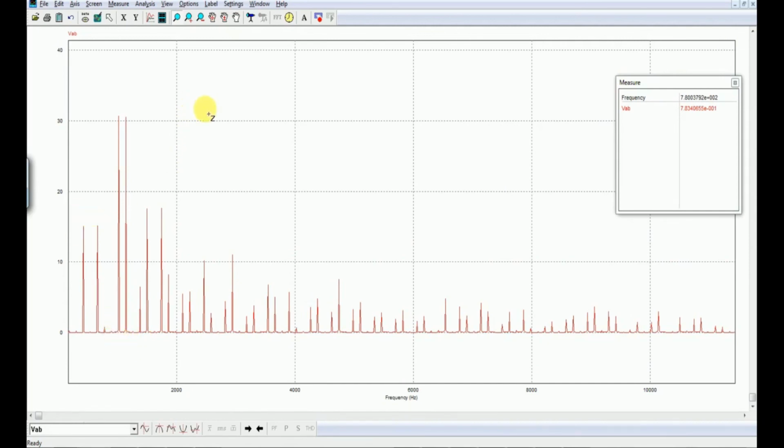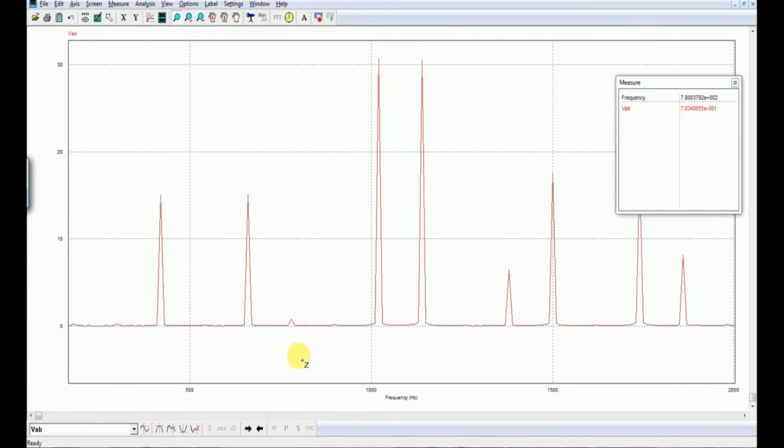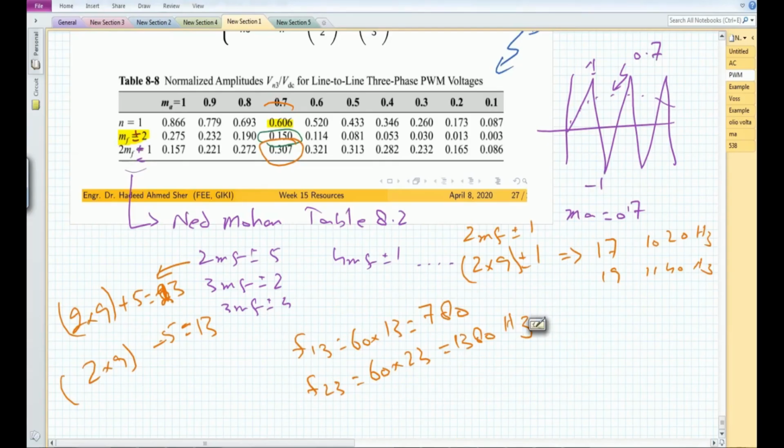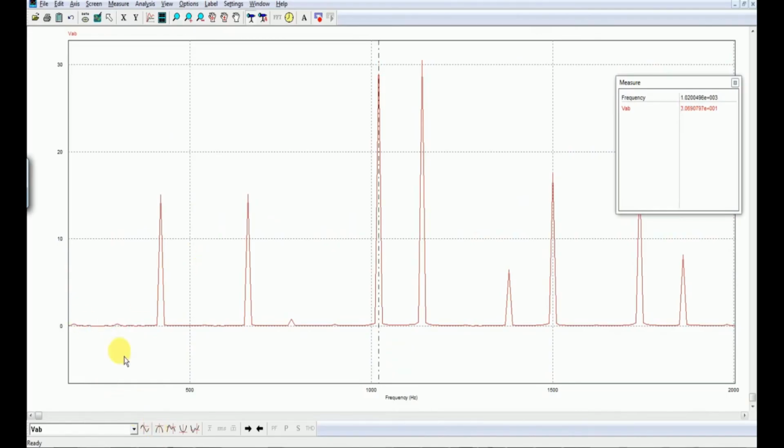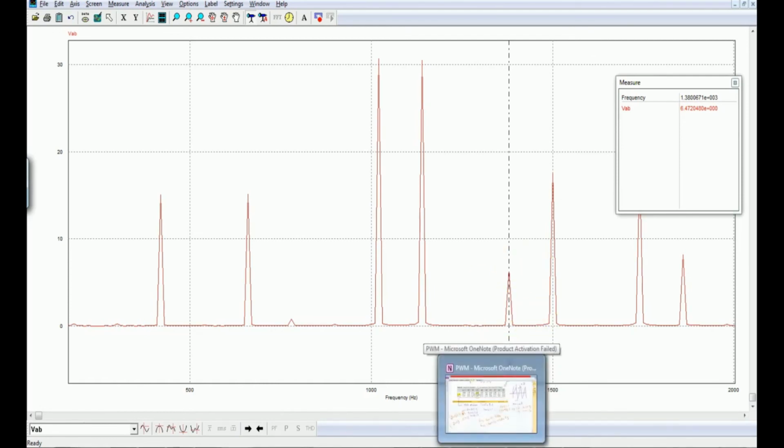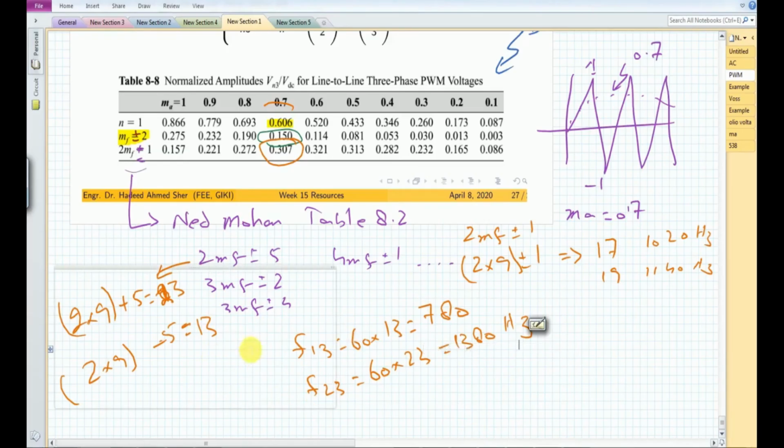So let us move the cursor to this 1380 hertz. We have 0.64 volt here. So again, we do have some voltages that appear across this 2 m_f plus minus 5.